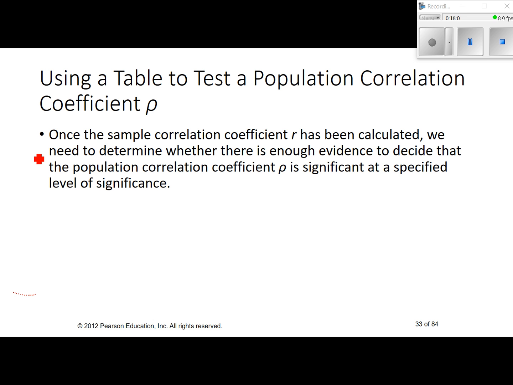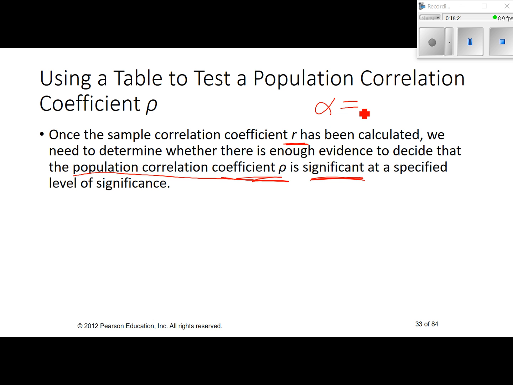Once you find your sample correlation coefficient r, we can decide whether there's enough evidence to decide whether the population correlation coefficient rho is significant. That's going to be at a specific level of significance. If you remember, our level of significance is our alpha.